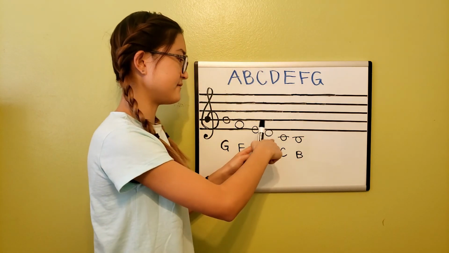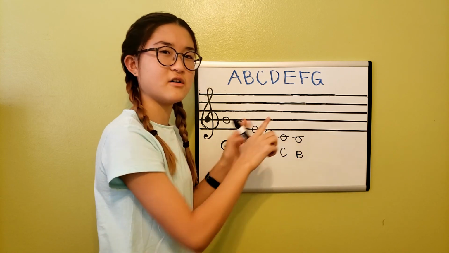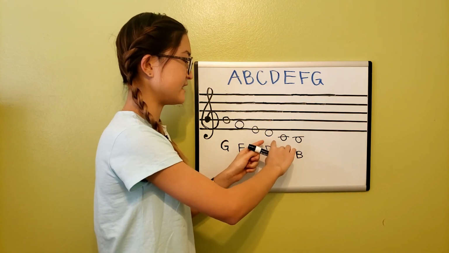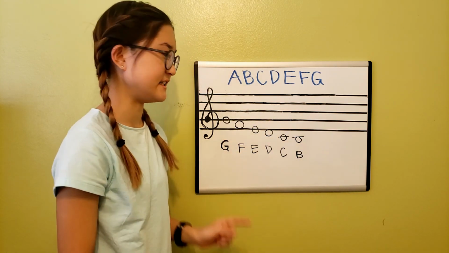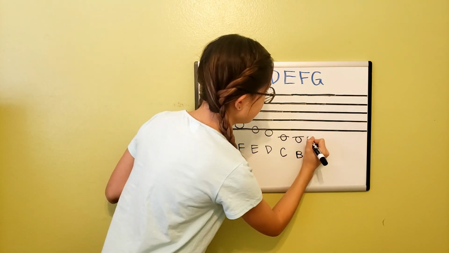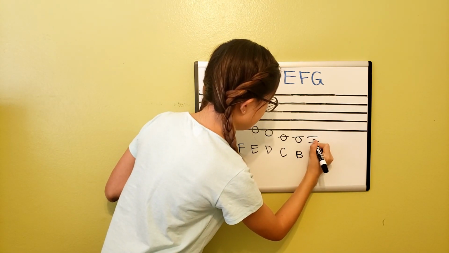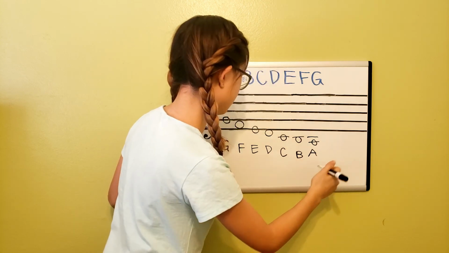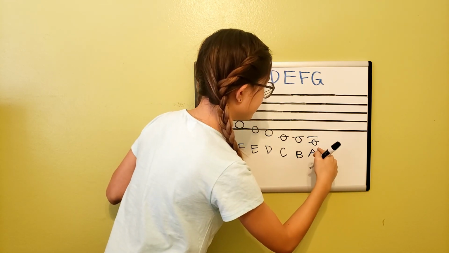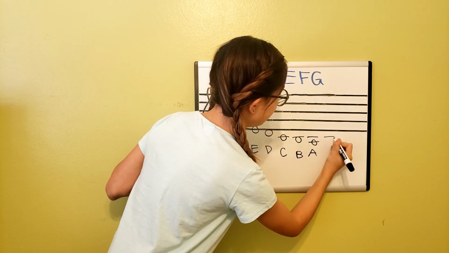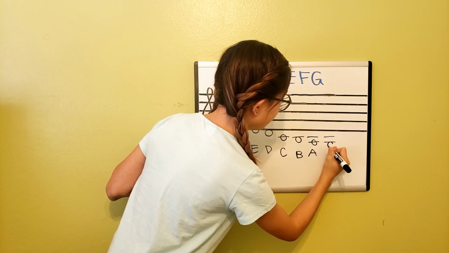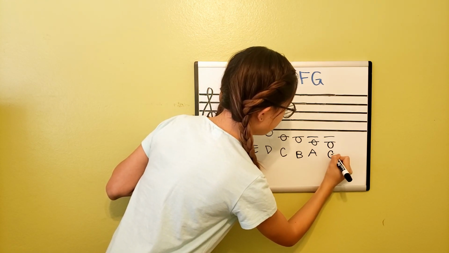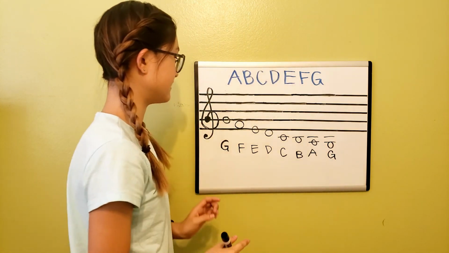See, even if the notes go off the staff, the pattern line space still continues. Now for A, we put 2 lines, and we put it on that line. And for G, we put it right under those 2 lines.